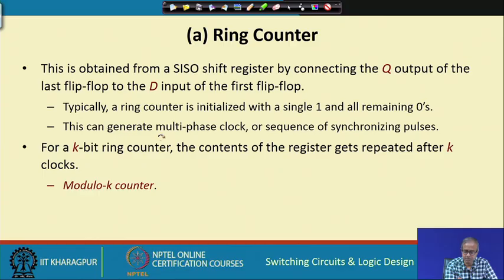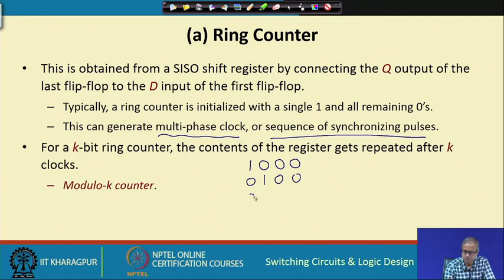We can use it as a multi-phase clock or for some sequence of synchronizing pulses. One thing to note is that for a k bit ring counter, let us say a 4 bit ring counter 1 0 0 0, after 1 clock it will become 0 1 0 0, after 2 clocks 0 0 1 0, after 3 clocks 0 0 0 1, and after 4 it again becomes 1 0 0 0.